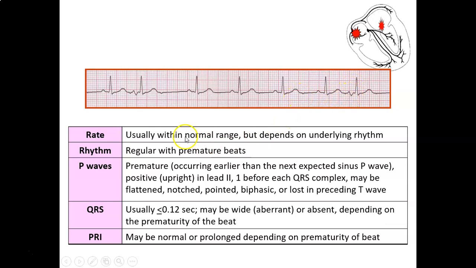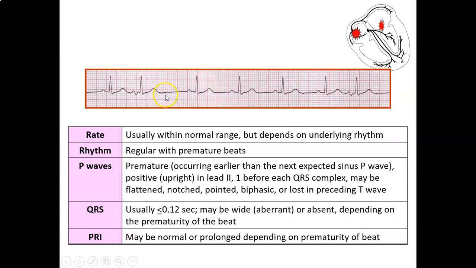Okay, QRS duration throughout the rhythm strip is normal, narrow complex, and wherever there are normal shape P waves, the PR interval is normal. But where there is an abnormal shape P wave, it's difficult to determine, but it looks normal.